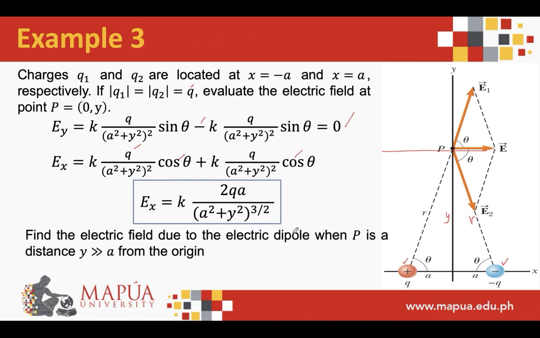In terms of R, we can simplify it to K times 2QA over R cubed. So this is your E, which is purely based on Ex, directed to the right, so it has no y component.